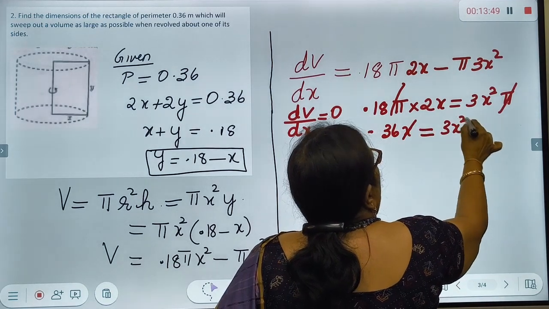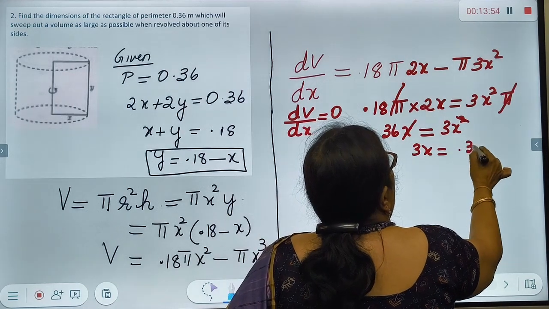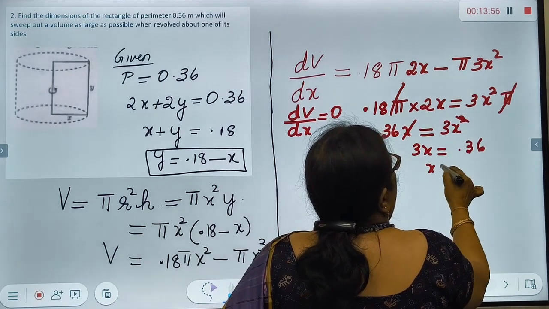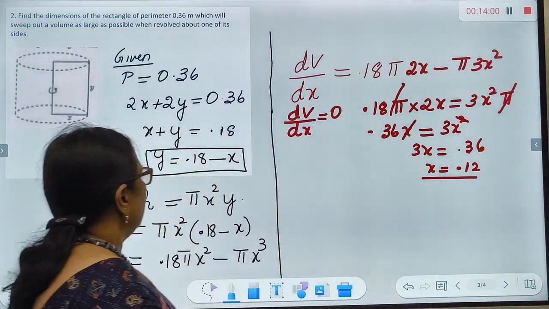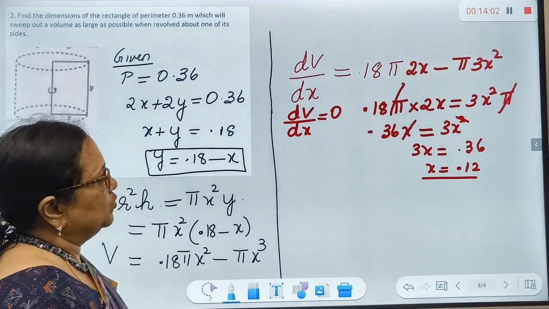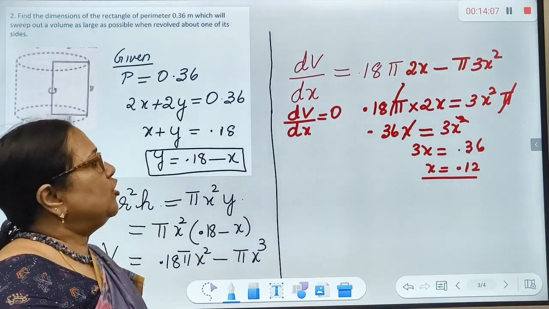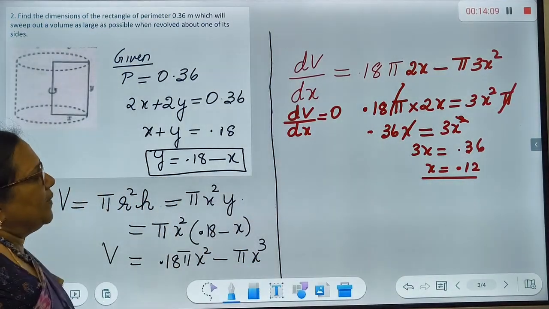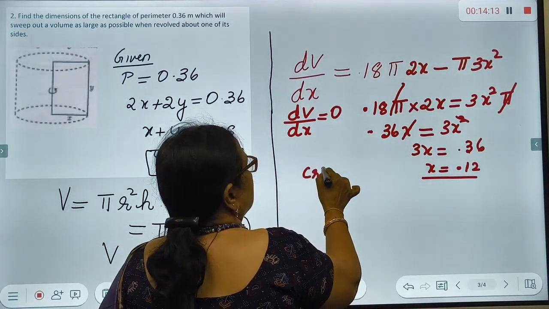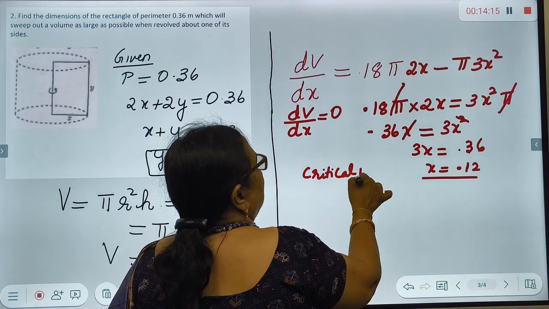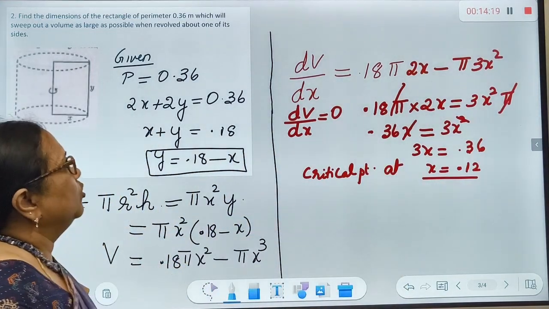I can cancel off one x, so 3x equal to 0.36, or x is equal to 0.12. So the value of x is 0.12. Now the claim is that for this value of x, the volume is maximum, because this is the critical point. The critical point happens at x equal to 0.12.